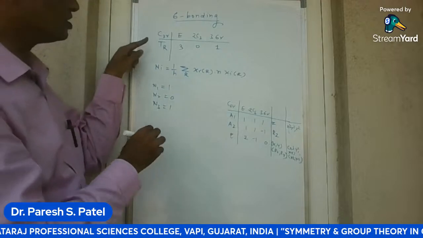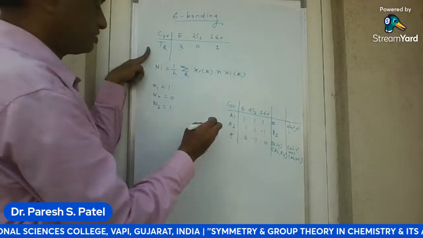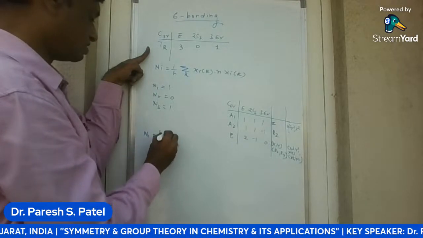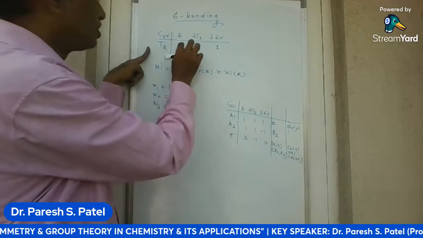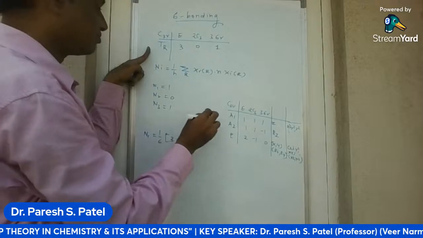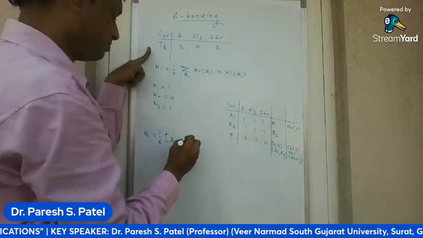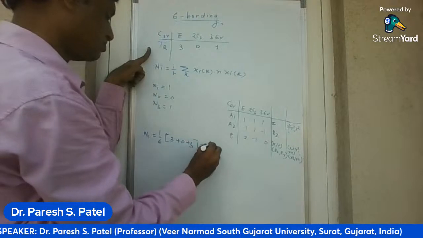How do we derive it? n1 = 1/6 [3×1×1 + 0×1×2 + 1×1×3], which gives 1.